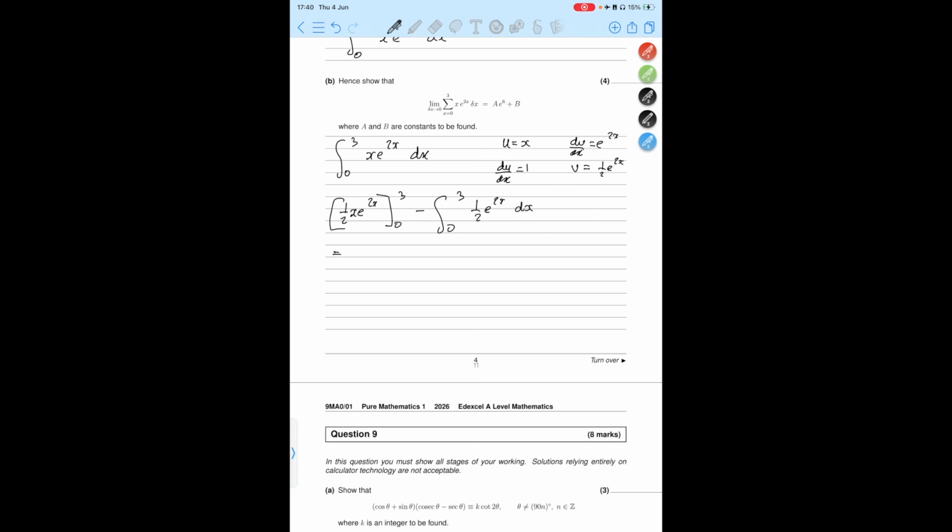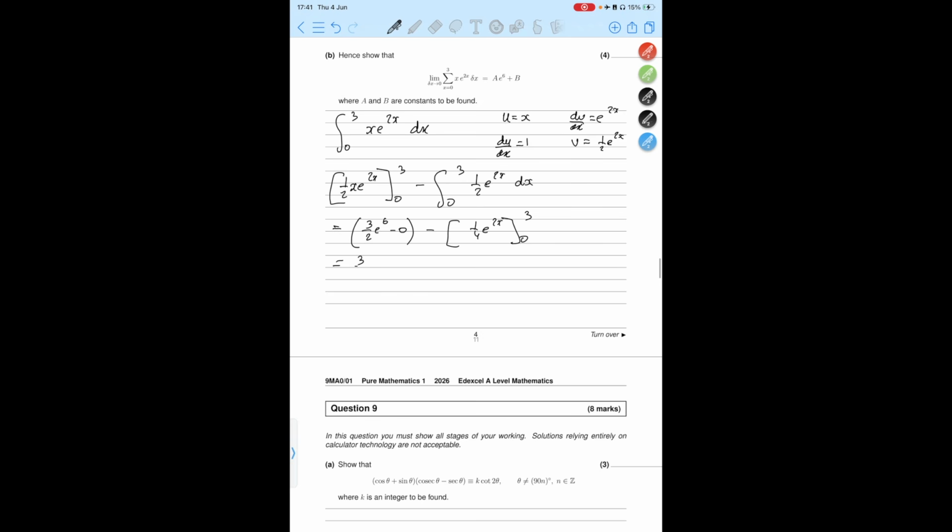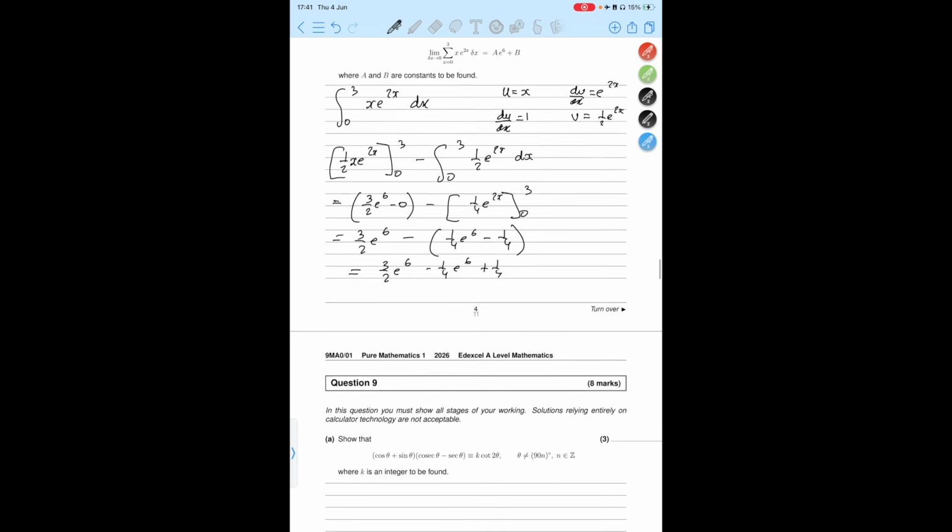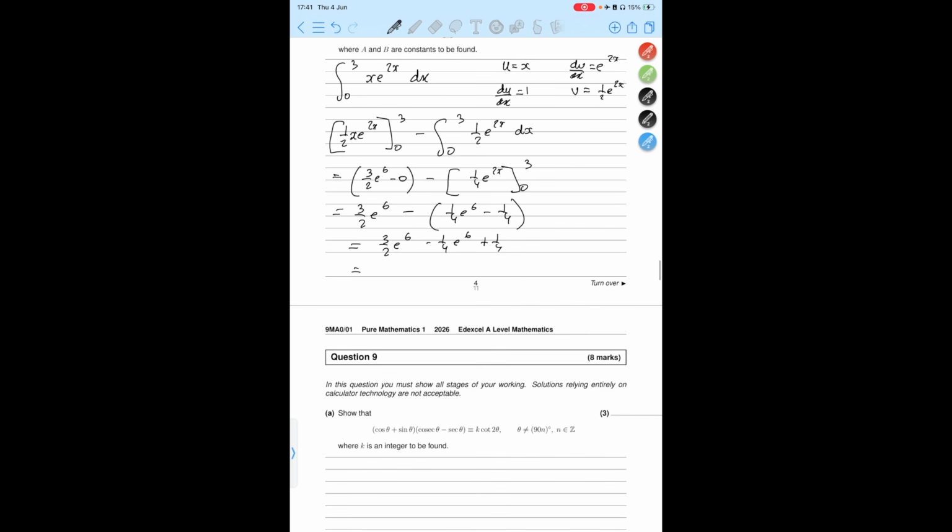So that becomes 3 over 2 e to the 6 minus 0, which is good because we have the 0 there, minus the integral of this, which is 1 over 4 e to the 2x between 0 and 3. So we get 3 over 2 e to the 6 minus 1 over 4 e to the 6. Let's not forget this, minus 1 over 4, which becomes plus 1 over 4. Now I can simplify that in my head, so that becomes 5 over 4 e to the 6 plus 1 over 4.